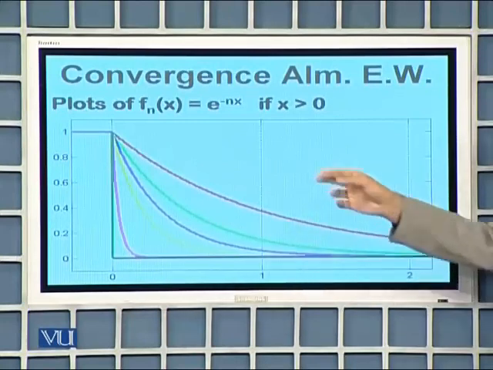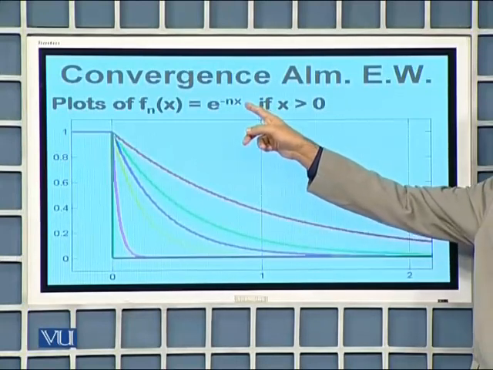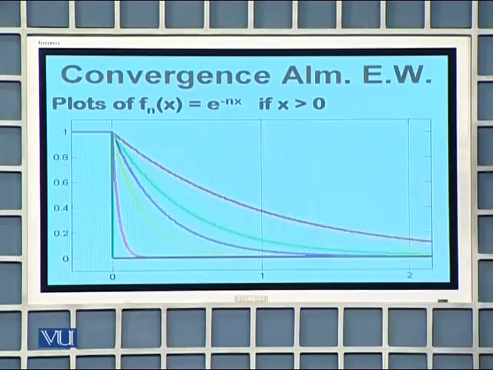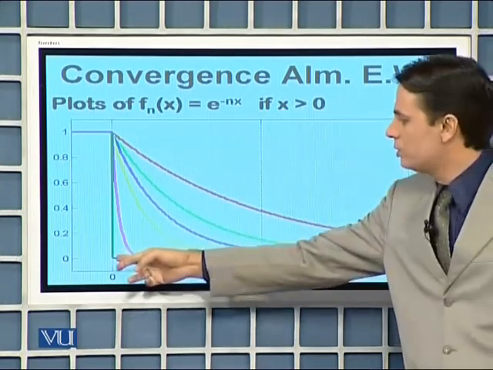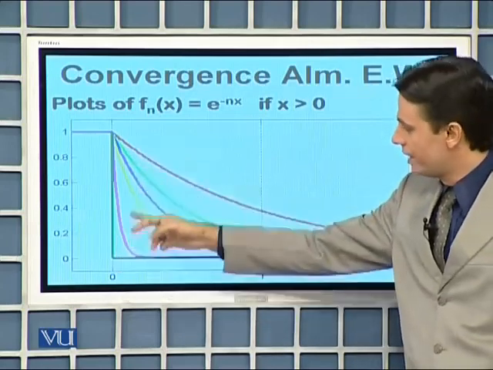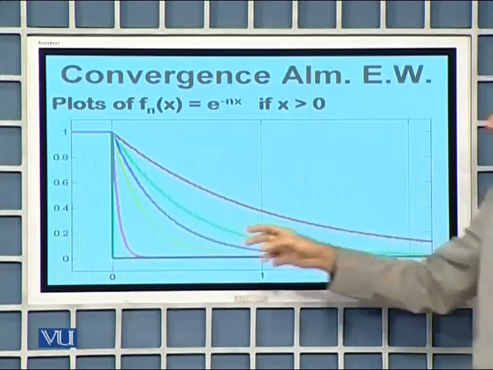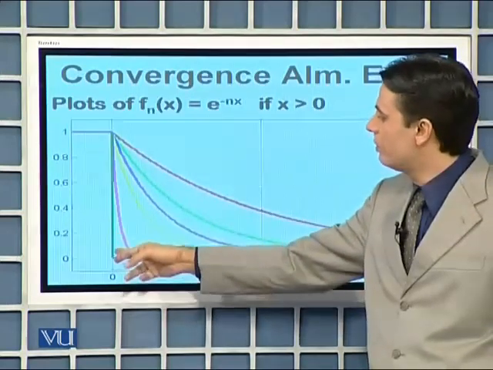You can see that for any small value of domain greater than 0, when n approaches infinity, minus nx approaches minus infinity, and the value of e raised to power minus infinity is 0. So for all positive values of domain, the destination function will be a 0 valued function. But what about this value 0?